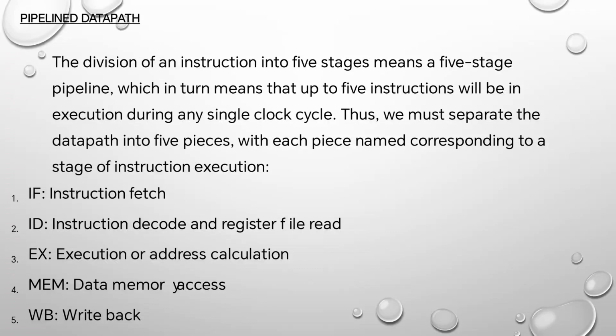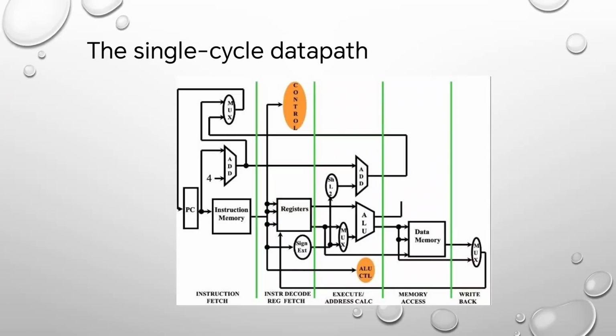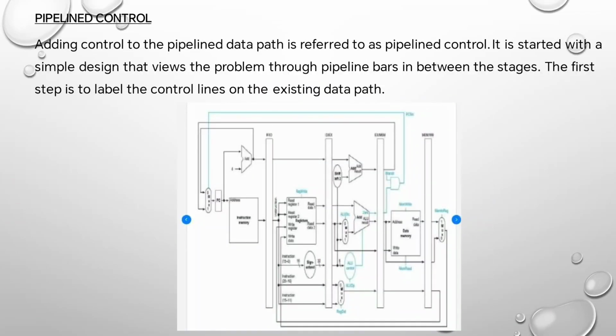These are the 5 steps that are filled in the pipeline data path. So this is the structure of the single-cycle data path. Here: instruction fetch, instruction decode and register fetch, execute or address calculation, memory access, as well as write back. For each and every section, they are there.